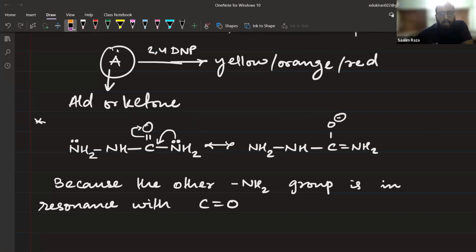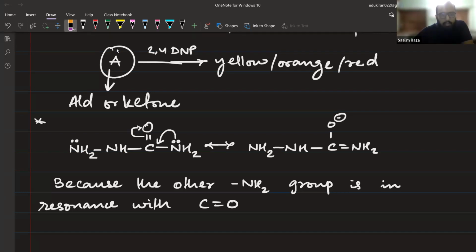So they will ask why the NH2 of amide group does not act as nucleophile, that does not attack on the carbonyl carbon. इस तरह की अगर wording use करे, then you will say because the other की जगह लिख दीजिएगा because the NH2 of amide group.